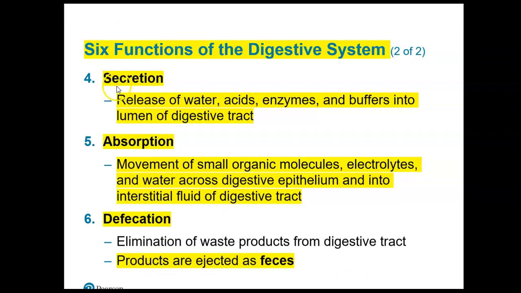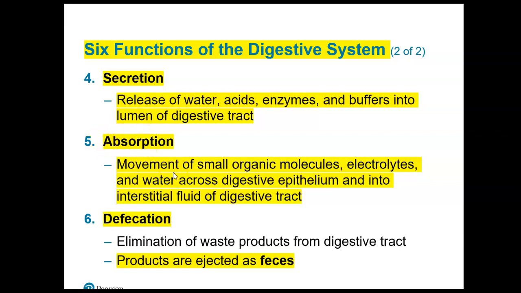Then you have secretion, which is the release of water, acids, enzymes, and buffers into the lumen of the digestive tract. Remember, the lumen is just the space inside the tube. So into the lumen of the GI tract.